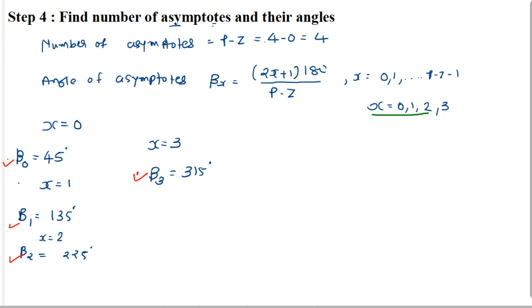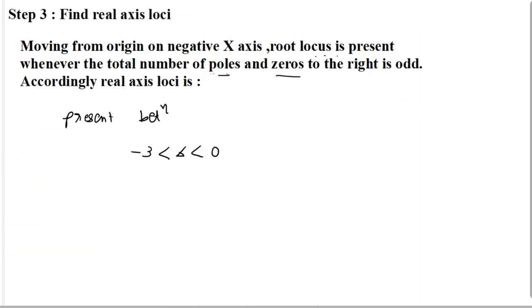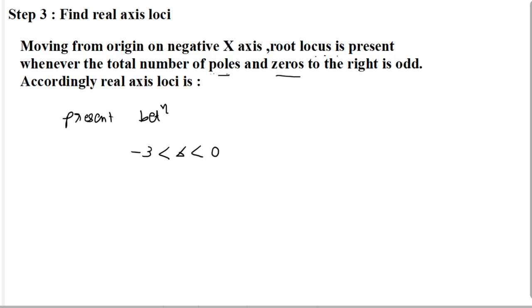Okay, now in step number 5, to calculate the centroid sigma c, the formula is summation of real part of poles minus summation of real part of zeros, upon p minus z. We know the real part of poles: 0 plus minus 3 plus minus 1 and minus 1, so we are just adding here.